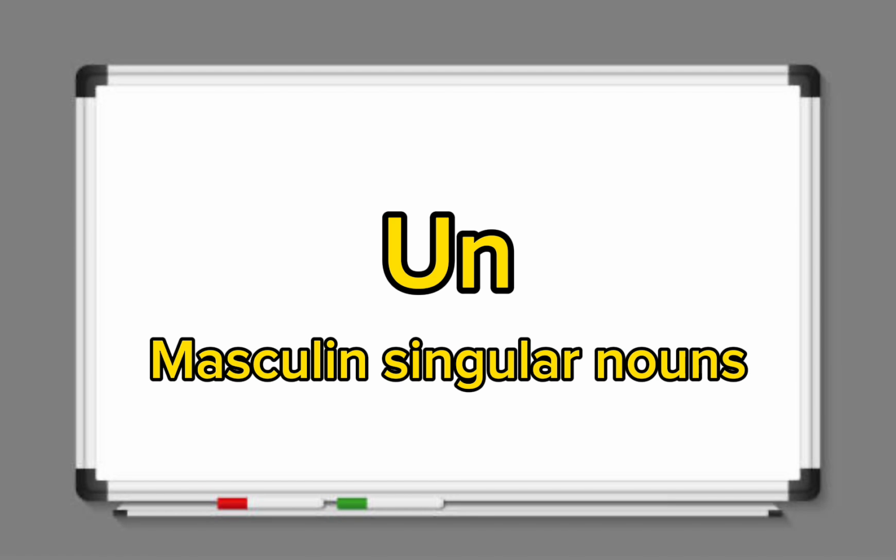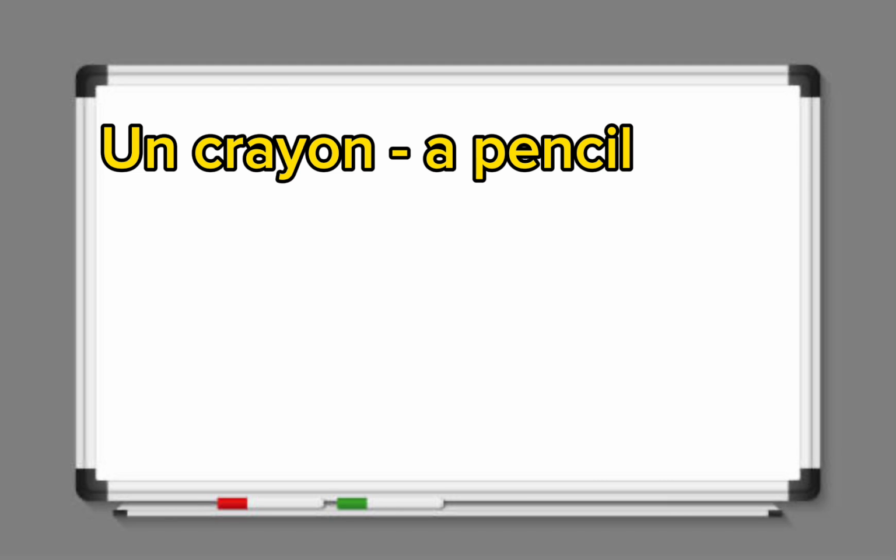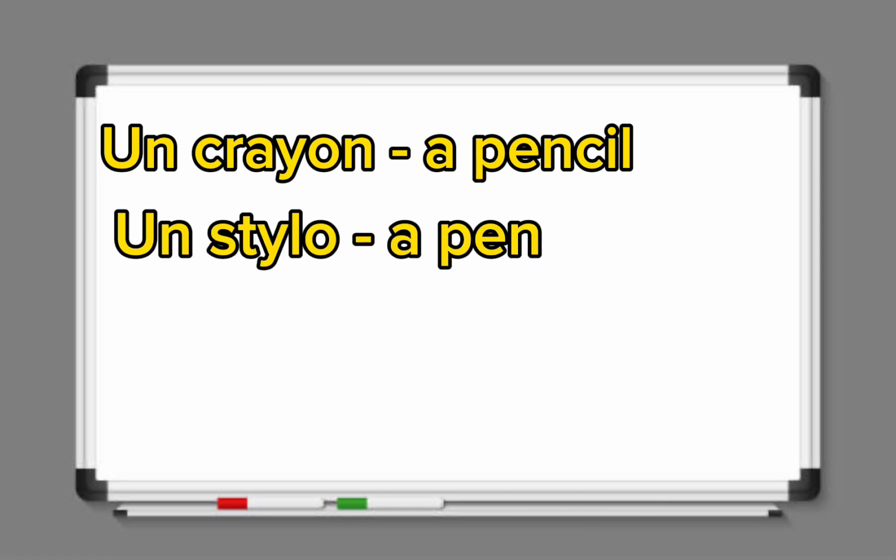We pronounce this un. And remember, we have to use this article with only masculine singular nouns in French language. Let's see some examples with that. Un crayon, a pencil.